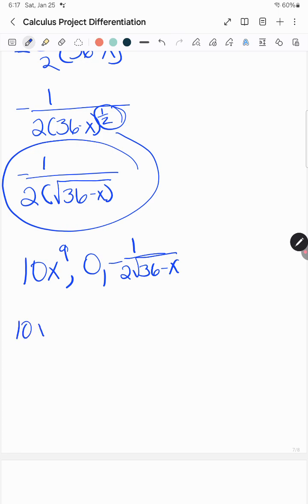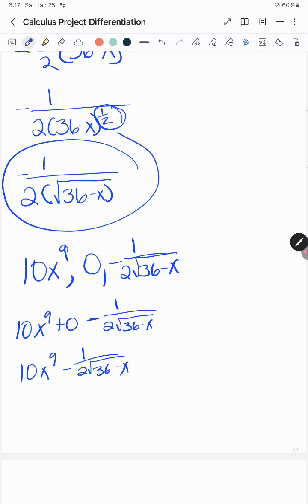So we take 10x to the ninth plus 0 minus 1 over 2 square root of 36 minus x, which gives us 10x to the ninth minus 1 over 2 square root of 36 minus x. This is going to be our problem differentiated.